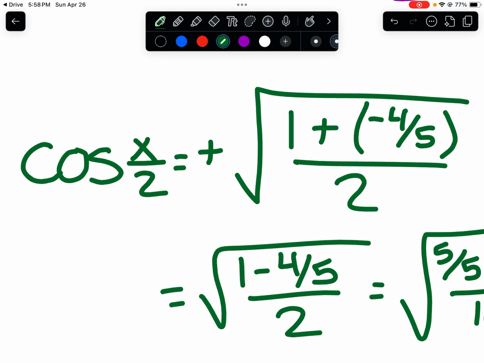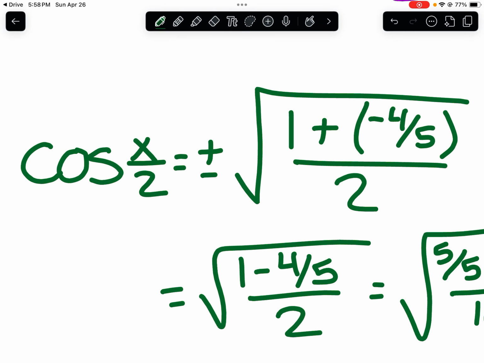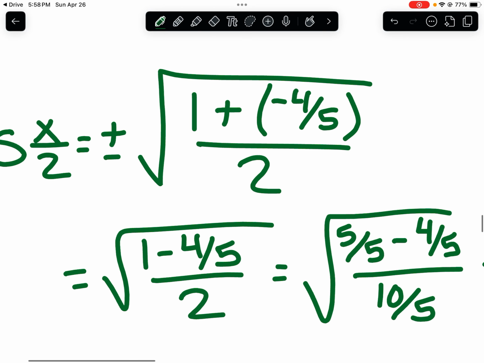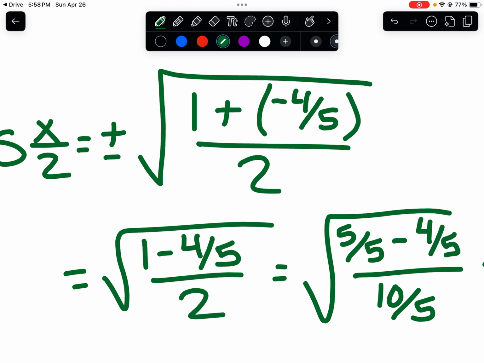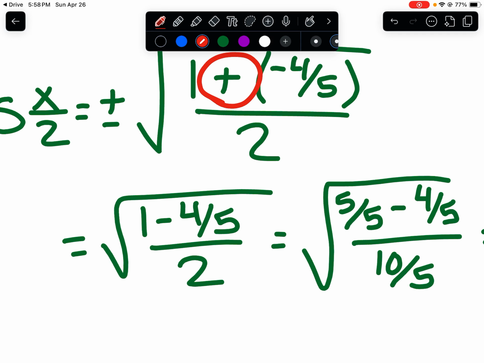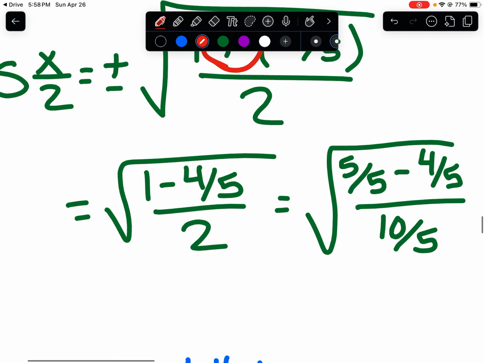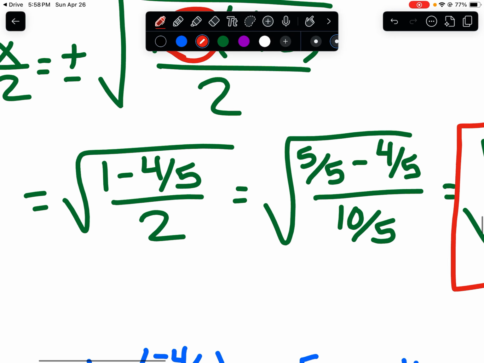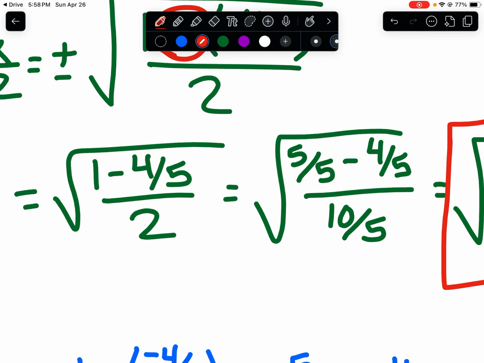So after the first step, I just stopped writing it, because I know it's going to be the positive version. As far as the simplifying piece, the only difference between sine x over 2 and cosine x over 2 is that now I have an addition sign in the middle. So I end up with 1 plus negative 4/5 over 2, which we don't have a double negative in this case, so I end up with 1 minus 4/5 over 2.